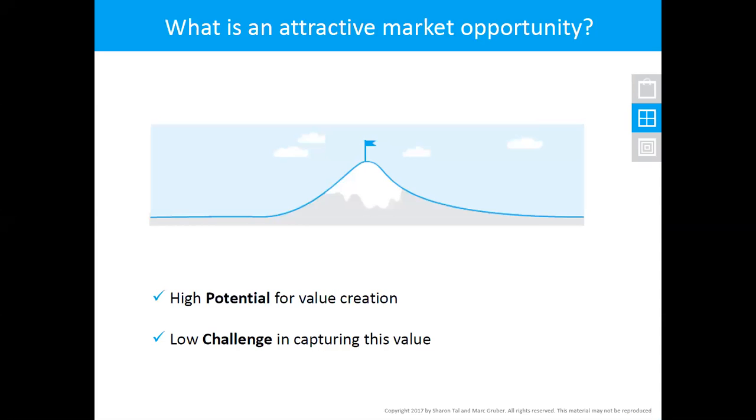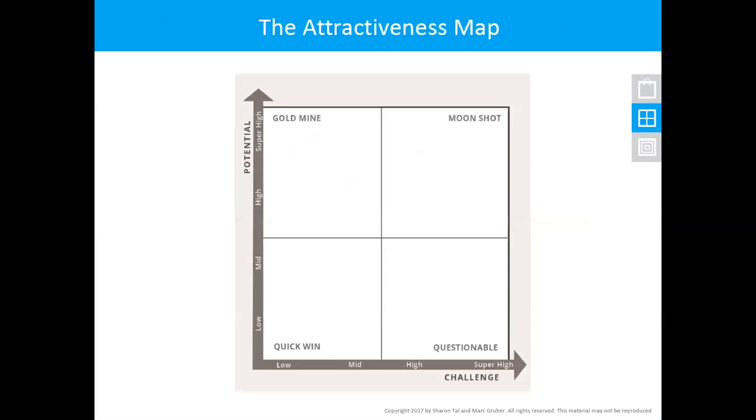Looking at these two dimensions, potential and challenge, is exactly how we build the attractiveness map, the second step of the navigator. The y-axis is the potential to create value. The x-axis is the challenge to capture value. And like in every 2x2 matrix, it has 4 different quadrants.